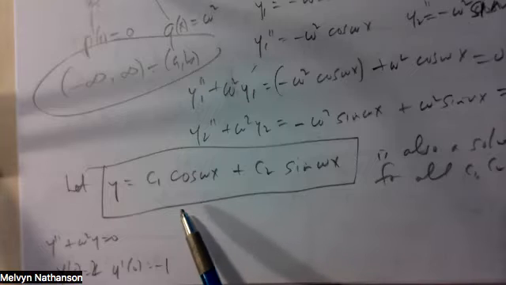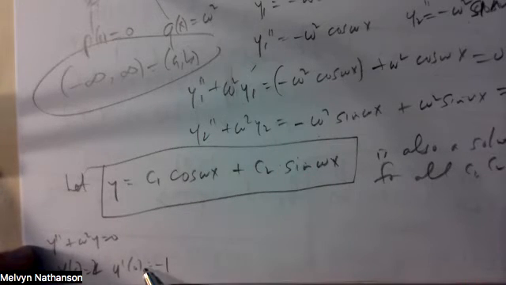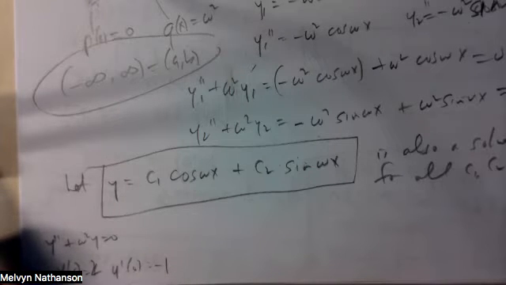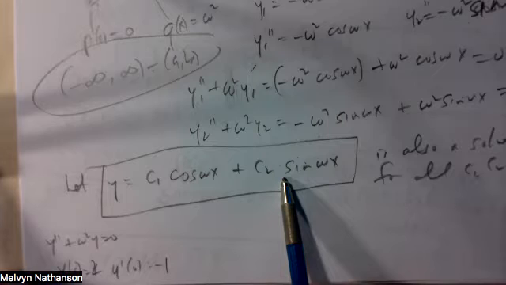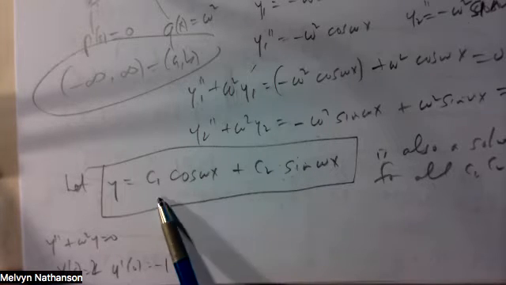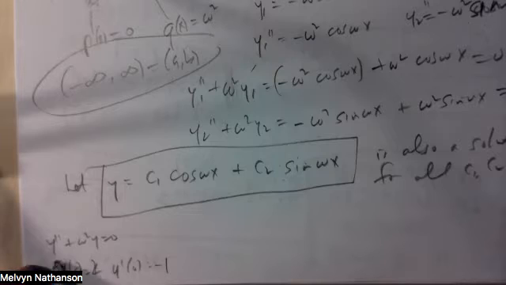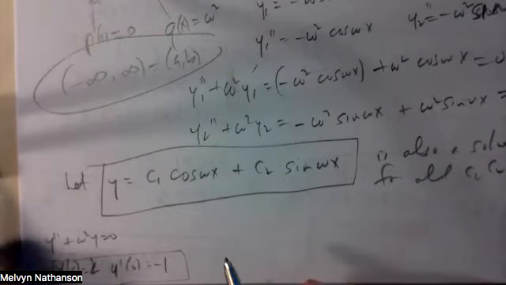So that means we have to find C1 and C2 so that y satisfies this initial condition. For any C1 and C2, this is a solution of the differential equation. The question is, is there a choice of C1 and C2 which satisfies these initial conditions?